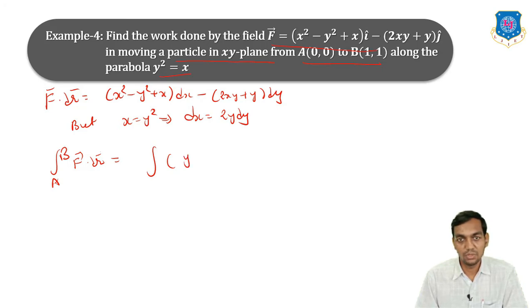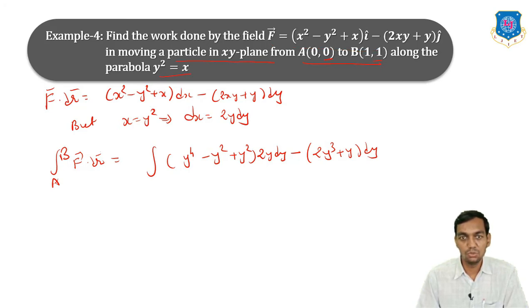So (y square) the whole square is y raised to 4, minus y square, plus y square, times dx which is 2y dy, minus, here x is equal to y square, so (2y cube plus y) dy. And since all the terms are written in the form of y, the limit of y will be there. So y here varies from 0 to 1. So if you check, the value of y is from 0 to 1.